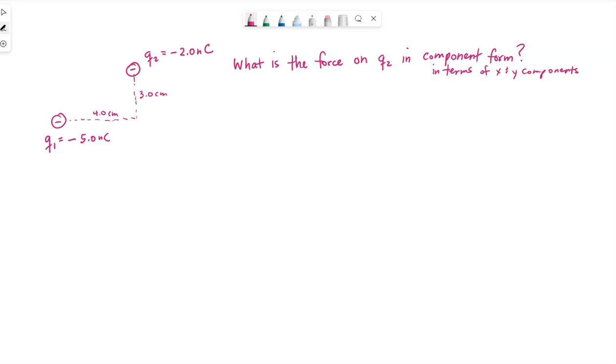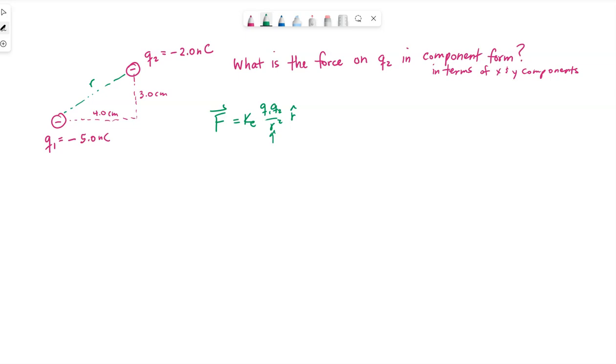Okay, both of these charges are negative. When we talk about our equation for Coulomb's law, r in the denominator always has to be the straight line distance between the two charges. That straight line connecting the two charges.